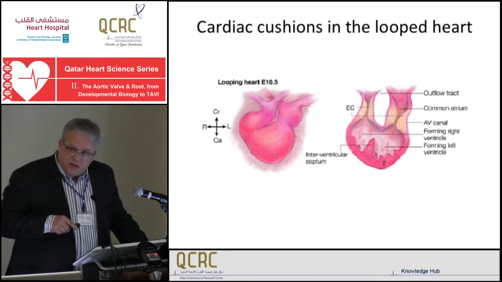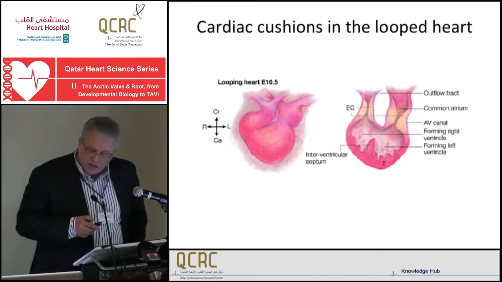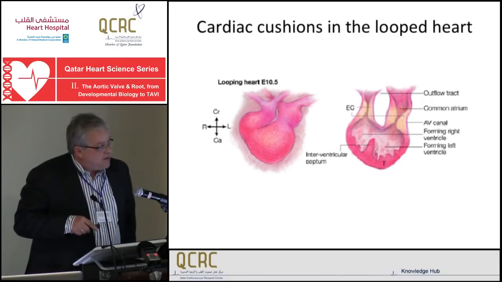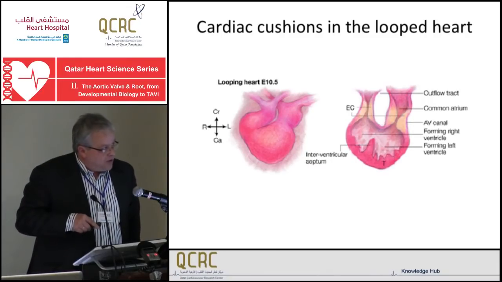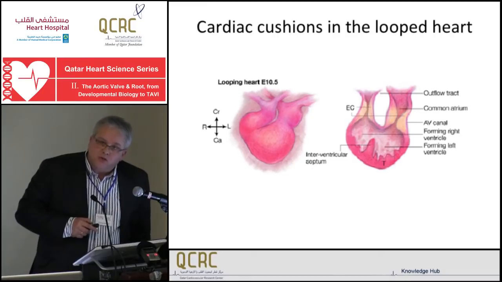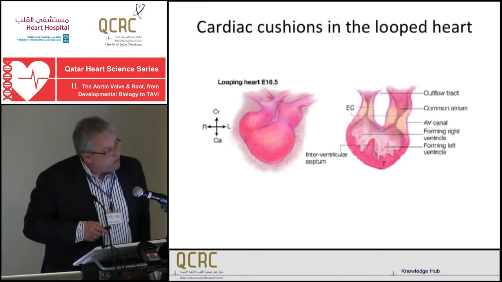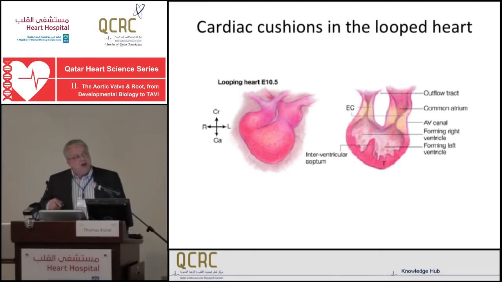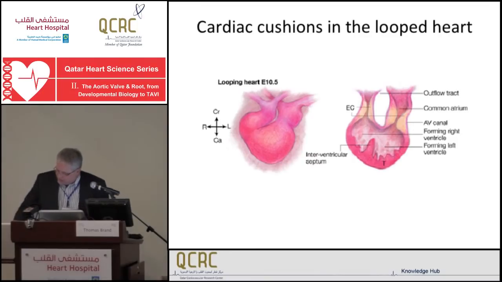This is extensive extracellular matrix, which acts now as a temporary solution to generating a valve-like apparatus. So those cushions are sealing the atria and are sealing the ventricular chambers to allow then a directional blood flow to occur.